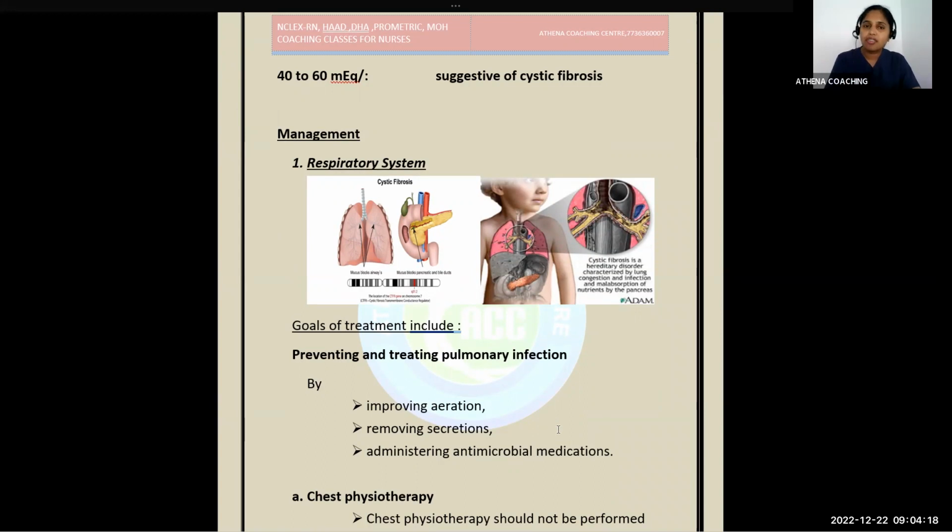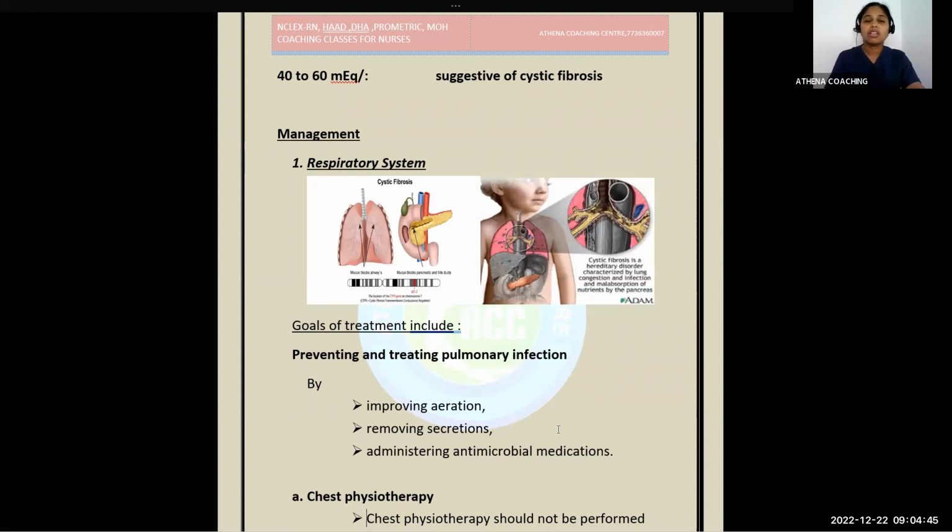But in cystic fibrosis, it is exactly the opposite, where oxygen is not easily moving into the respiratory tract because of the obstructed airway. So you have to focus on opening the airway. Improving aeration and removing secretions are the prime priority in management, and you can administer antibiotics. Why is administration of antibiotics important?